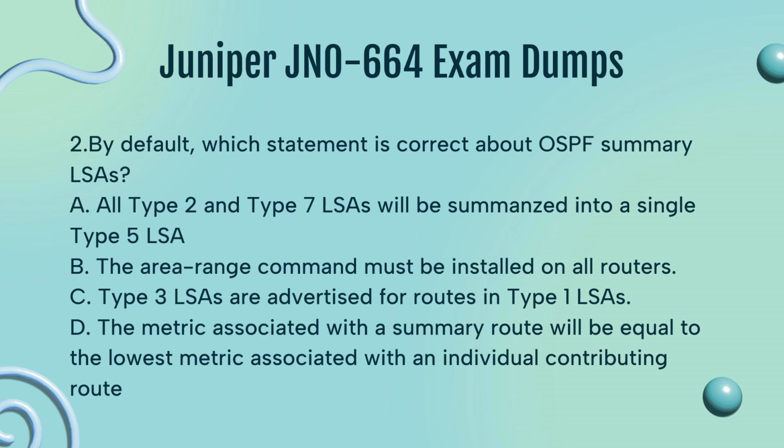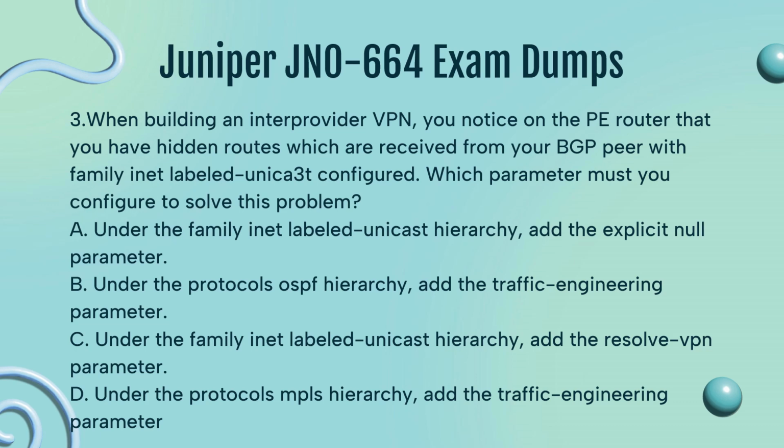3. When building an interprovider VPN, you notice on the PE router that you have hidden routes which are received from your BGP peer with family inet labeled-unicast configured. Which parameter must you configure to solve this problem? A. Under the family inet labeled-unicast hierarchy, add the explicit-null parameter.